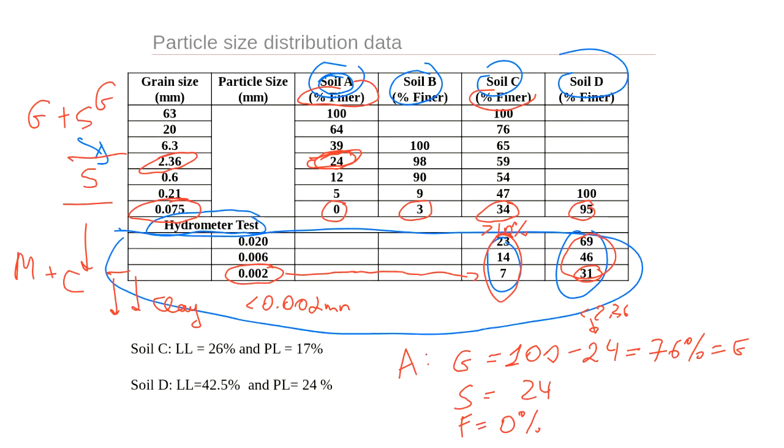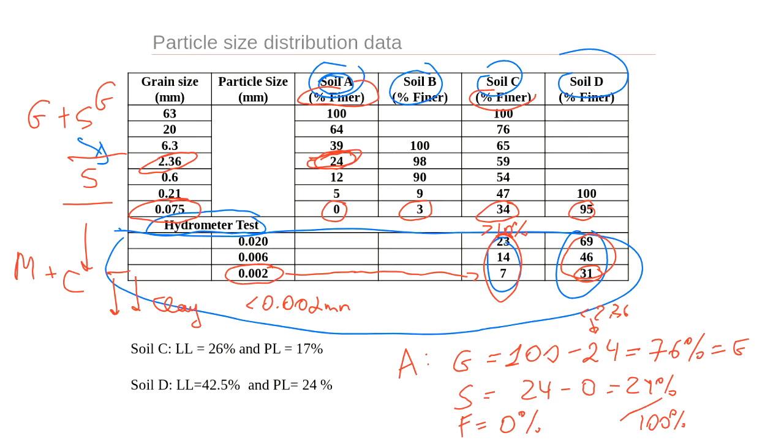So it can be sand, silt, and clay. To find sand, we take the remaining 24 and subtract the amount of silt and clay, or fines. Make sure that when you sum it up, it's 100%, not 110 or 101 or 99. So make sure to do that, right?